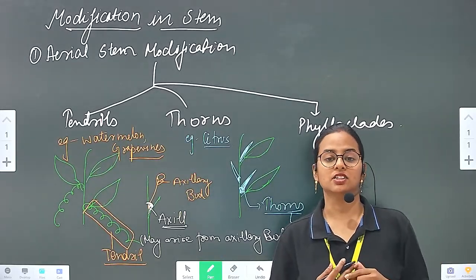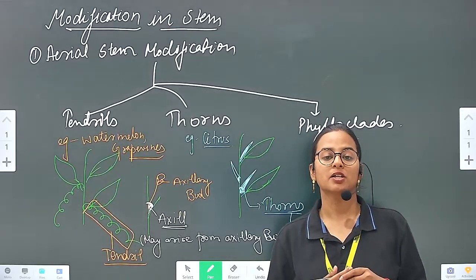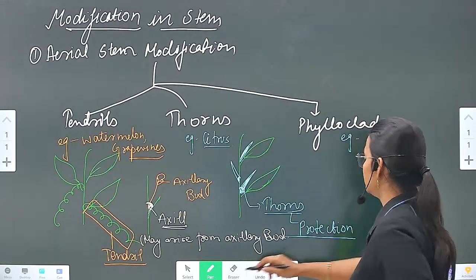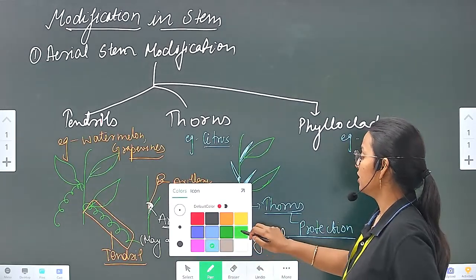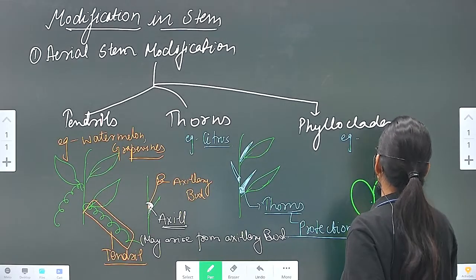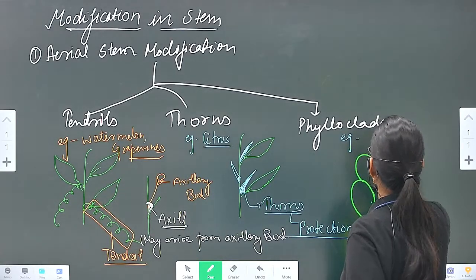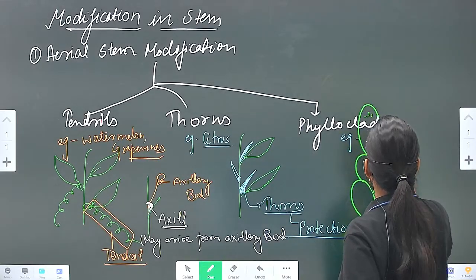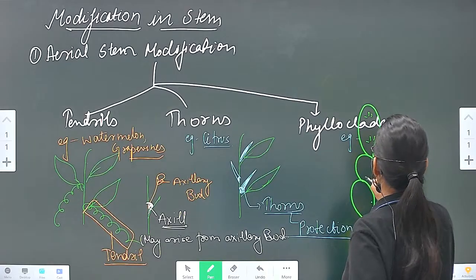Such structures are called phylloclades, which are modified for photosynthesis. So how do they look? They somewhat look like this. You might have seen some structures like this.